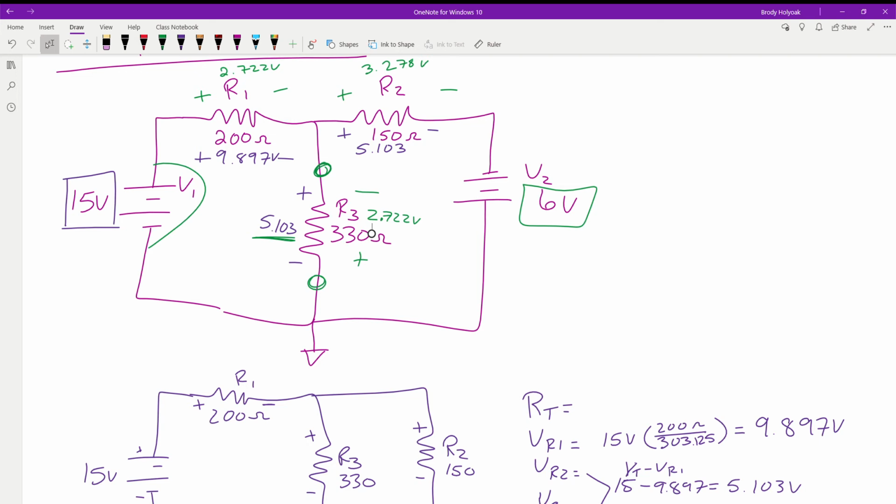So we end up with VR1, we're going to add those together, and what do we get? 12 point what? 619 volts. Okay, R2.